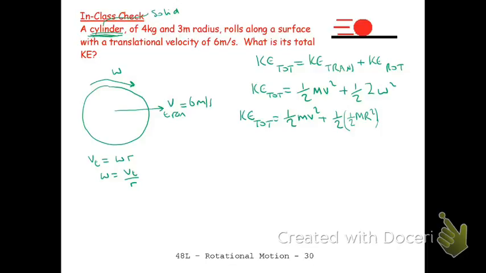Now, I've got to be a little bit careful here. This is V tangential over r. And so the question arises, how are these two related? How does my translational velocity compare with my tangential velocity, the velocity of the outside bit of my disk?